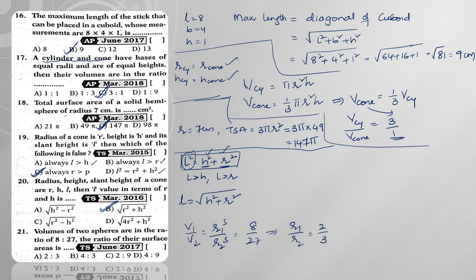I have already discussed this previously, so that's why I'm giving the direct answer. The ratio of their surface areas, surface area 1 by surface area 2, will be equal to r1 by r2 whole square, which is 2 by 3 whole square, which is 4 by 9. Hence the answer is 4 is to 9.